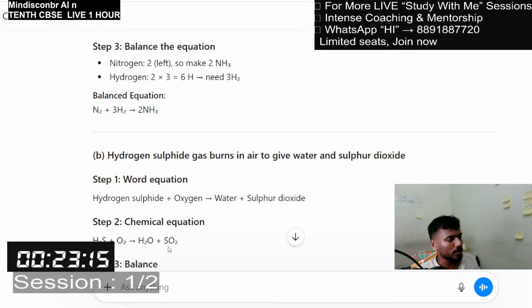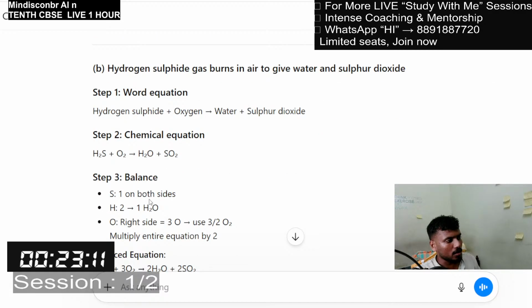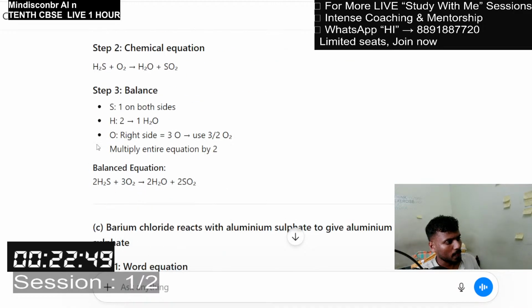So what should we do? Sulfur 1 on both sides, hydrogen 2 on both sides. Sorry, on the left side we have 2 oxygen, but on the right side we have 3 oxygen. So use 3 by 2. Multiply the entire equation by 2. So what happens? 2H2S plus 3O2 gives 2H2O plus 2SO2.